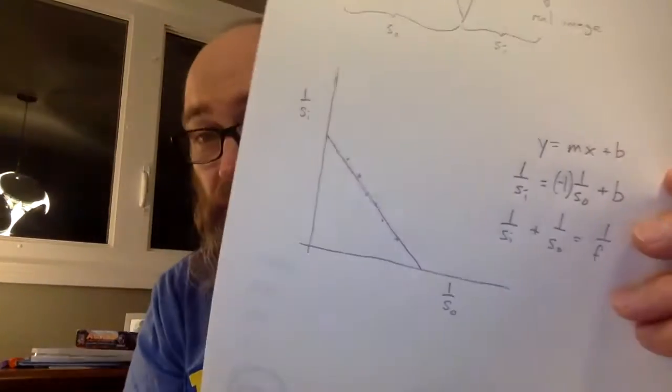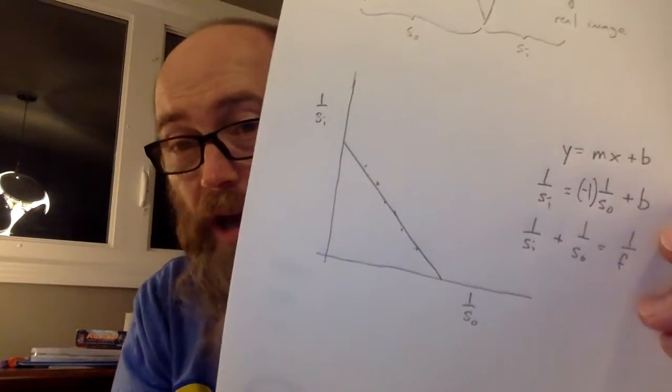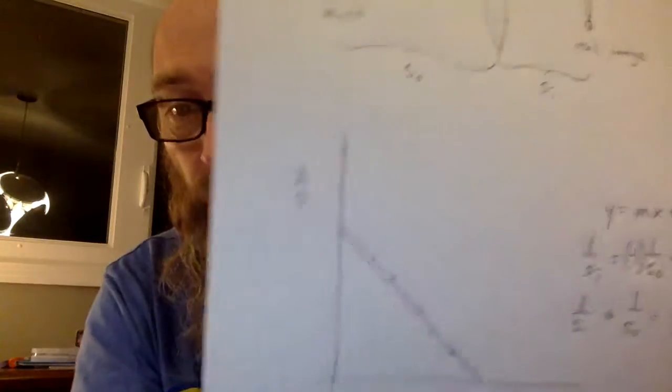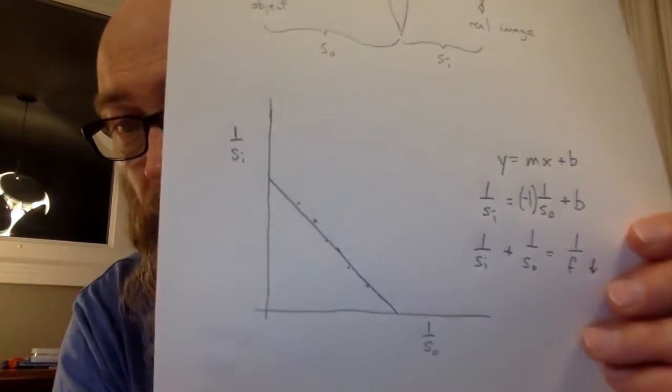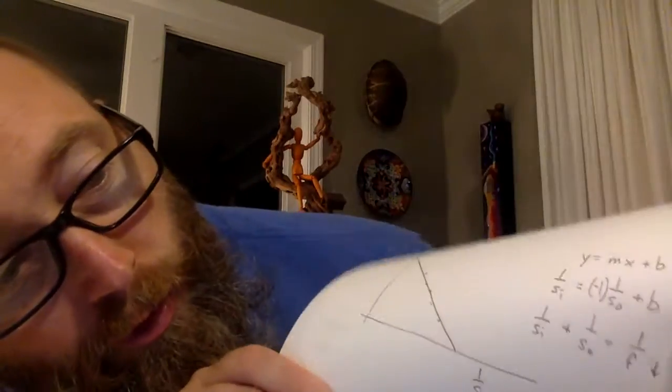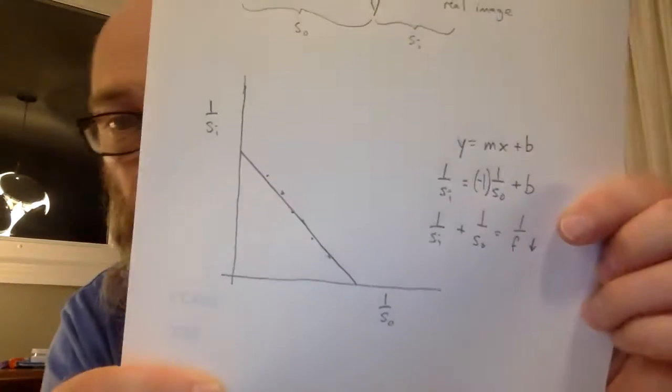And then there were questions that said, well, if you had a lens with a shorter focal length or a longer focal length. Well, let's take a look. So let's say you had a shorter focal length. If the f over here is smaller, well, that means this whole piece is bigger.